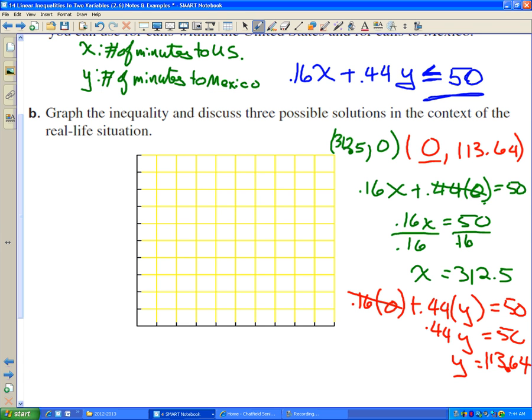Okay, so let's go to my graph and plot these 2 points. On my x, remember x was minutes to the US, and my y is minutes to Mexico.